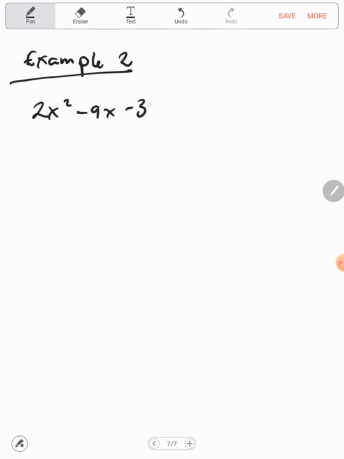So in the second example, we need to resolve 2x squared minus 9x minus 35 over x plus 1, x minus 2, x plus 3.